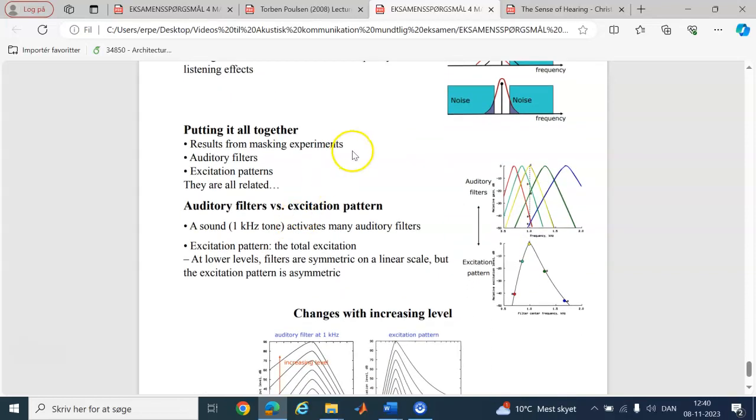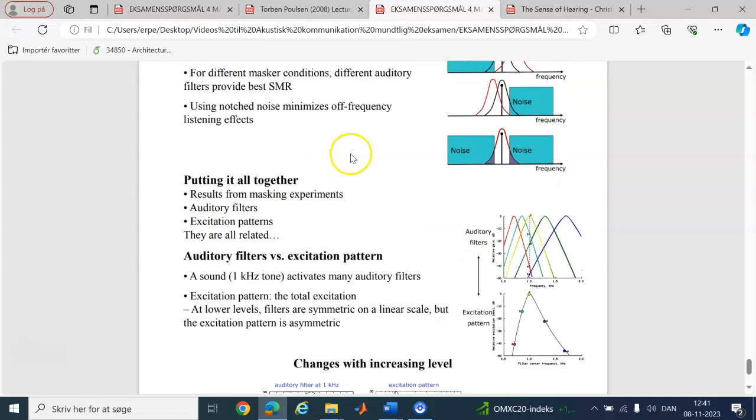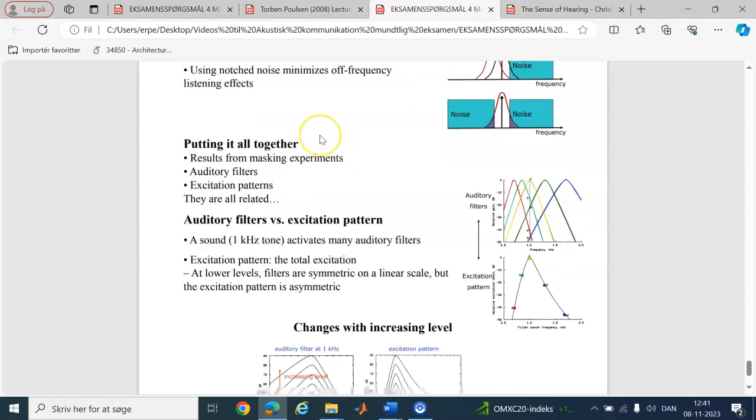I will end with some very essential results, results from masking experiments. Auditory filters and excitation patterns are related.